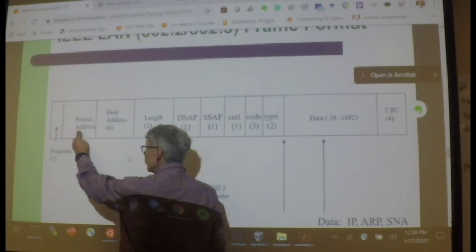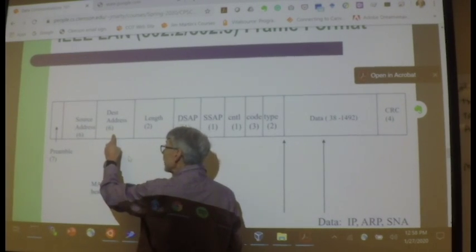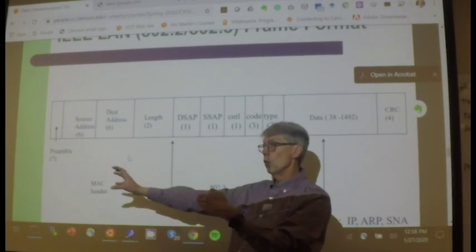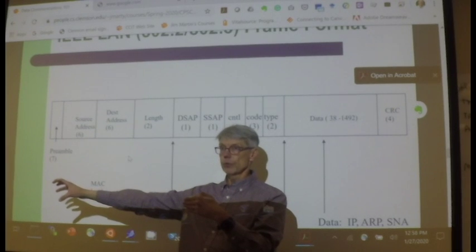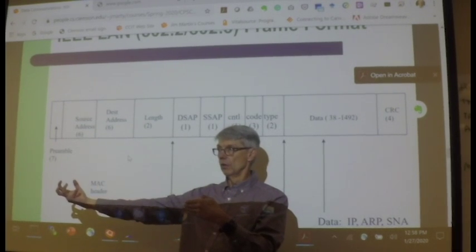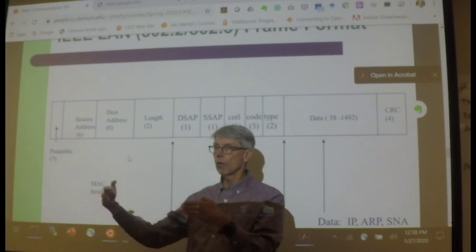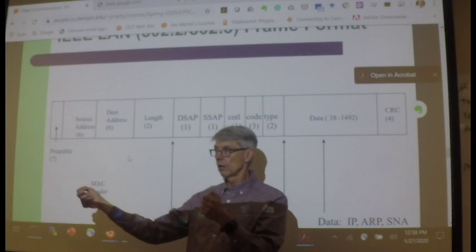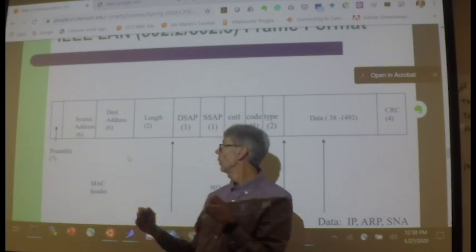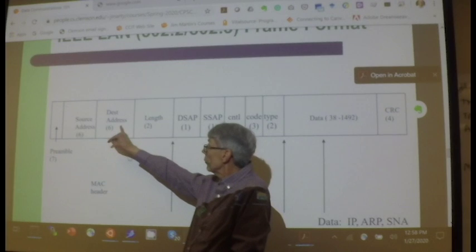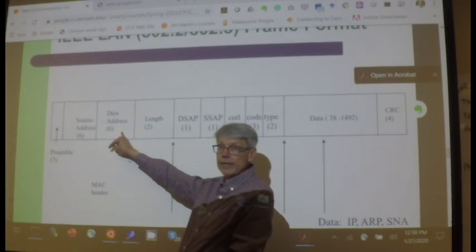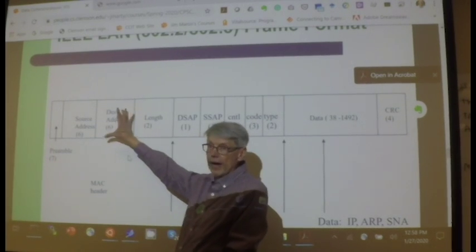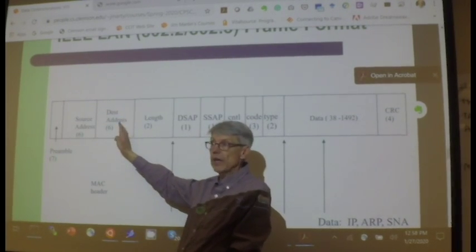So the source MAC, the destination MAC. That means the sender needs to know the receiver's MAC address, and we'll talk about how that is done. There's a dynamic protocol called ARP, which allows the sender to learn the destination's MAC address. Again, these are not IP addresses. These are machine addresses.